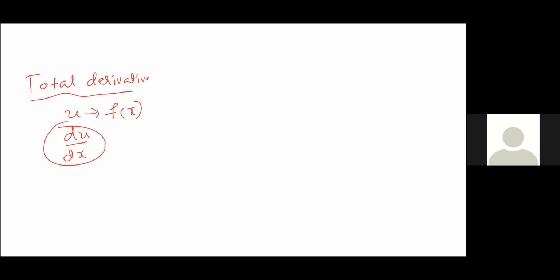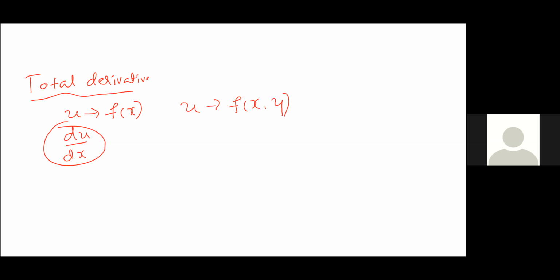Whenever the function is a function of one variable, the ordinary derivative indicates the total derivative. But if you come to a function of more than one variable, for example u equals f of x, y, we can find the derivative with respect to x or with respect to y.